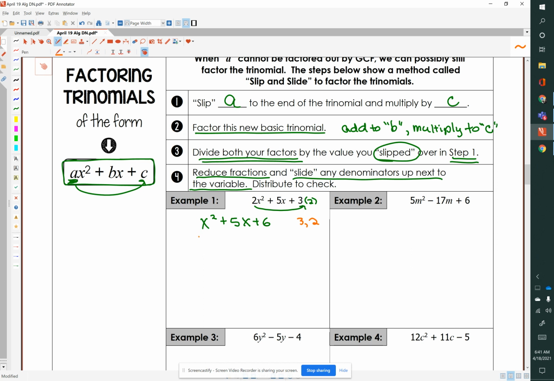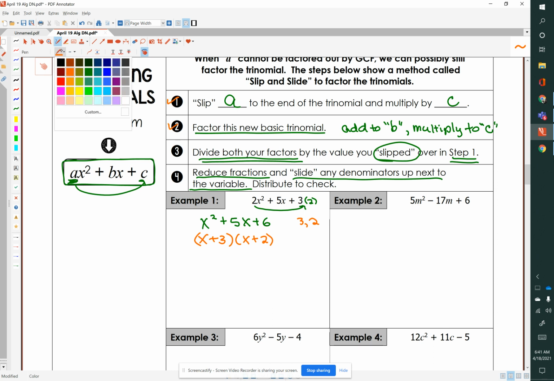So that would be x plus 3, x plus 2. But I'm not done yet, okay? Now, this is step 2. I've done step 1. I've done step 2.